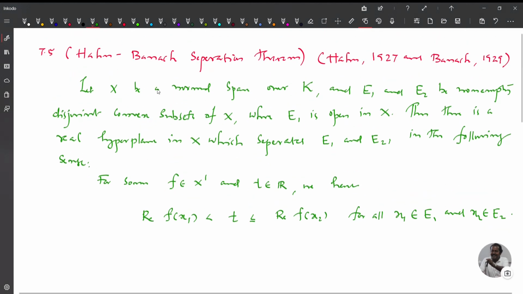This is the Hahn-Banach separation theorem. So we prove this.